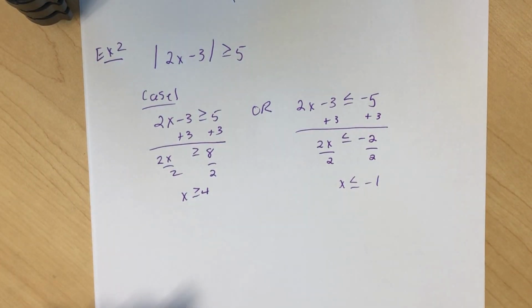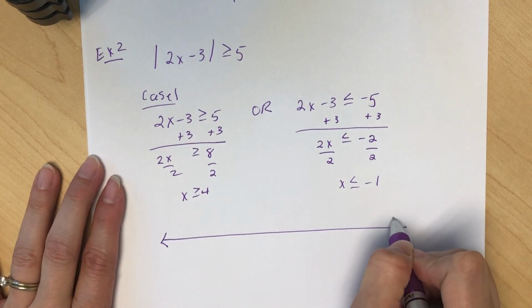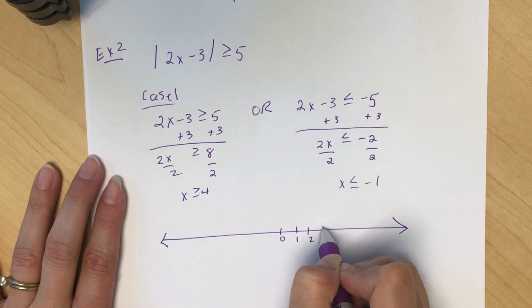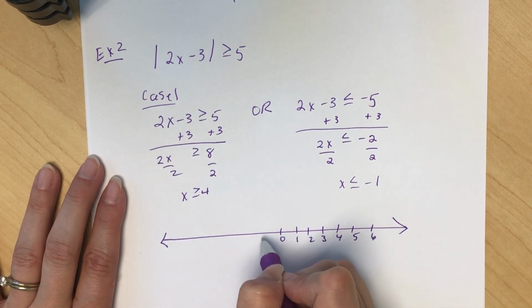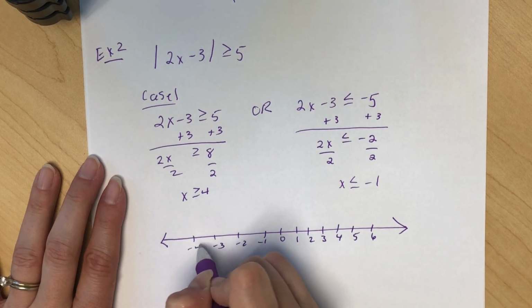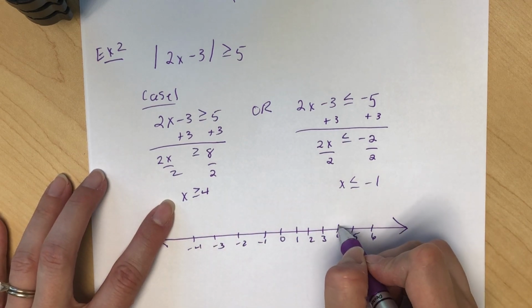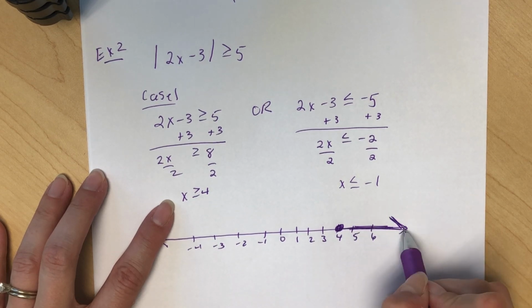If you've got two separate inequalities, then your graph is probably going to have two separate graphs inside it. Okay, so x is greater than or equal to 4, so go to 4, put your closed circle because it's equal, shade to the right, everything greater.